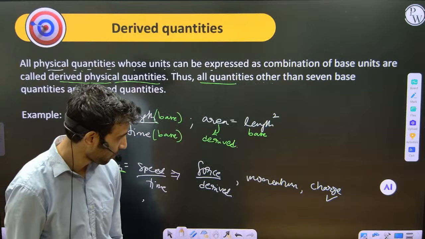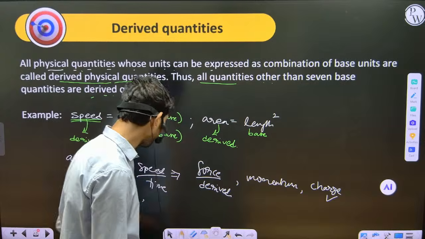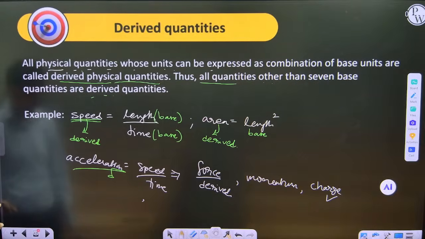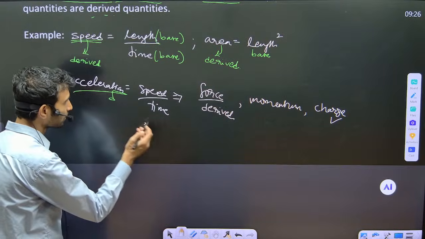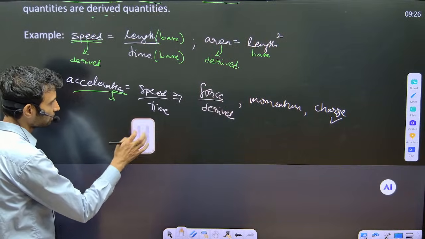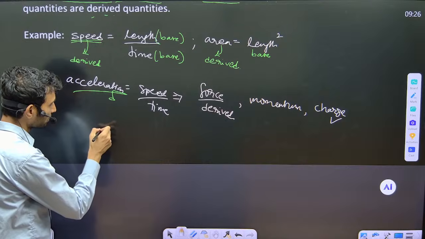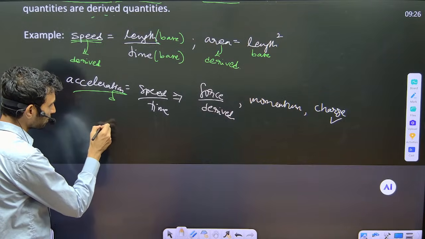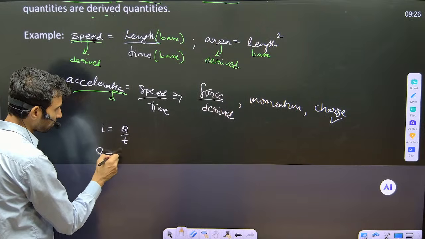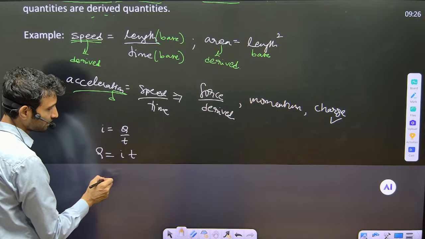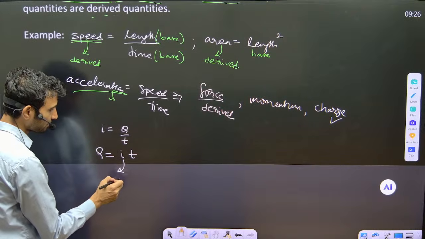Right? Why is charge a derived quantity? If you are wondering, let me tell you why. It is because current is equal to what? Current is equal to charge upon time. So charge is equal to current into time, right? And this is current.